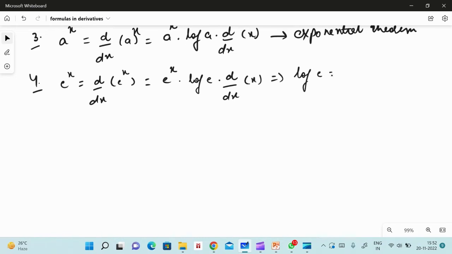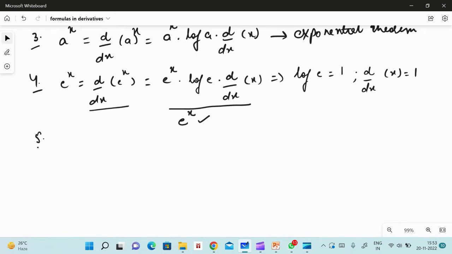Where log of e is equal to 1 and derivative of x is also equal to 1, so this gives me the answer as e power x. Okay, so this is very simple. Derivative of e power x is e power x.